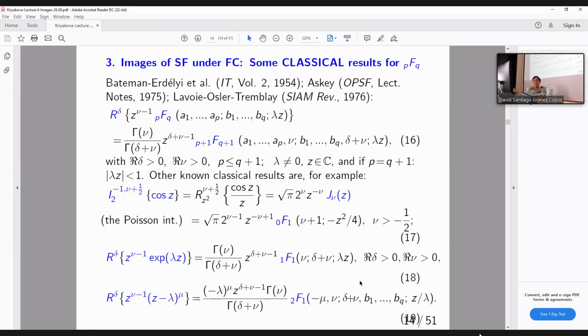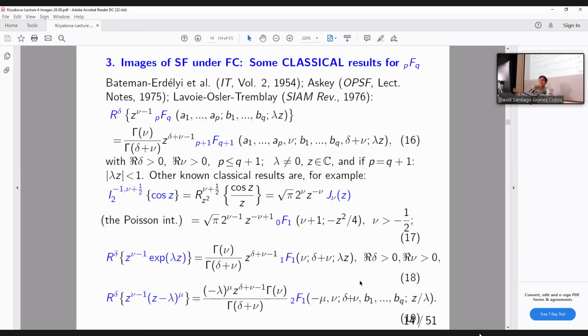Well, we can start with some very known classical results, say for the pFq function. Yet in the Bateman Project volumes on tables of integral transforms, also in Askey's lecture notes on orthogonal polynomials and special functions, and in a paper by Lavoie, Osler, Tremblay in 1976, one can find the Riemann-Liouville integral of the pFq function in the general case, and it is shown that pFq is transformed into the same kind of function, but p and q, the orders, are increased by 1.